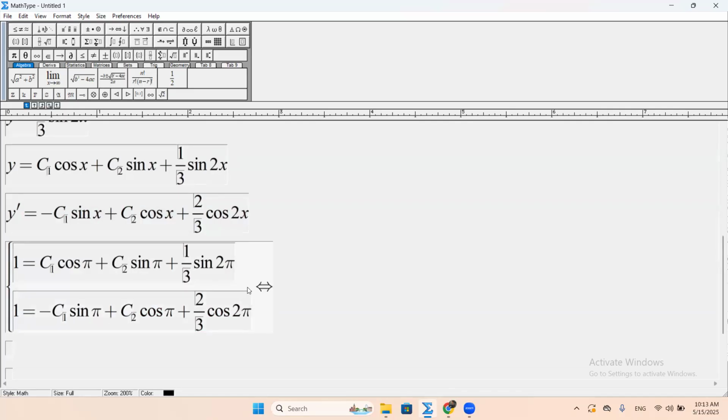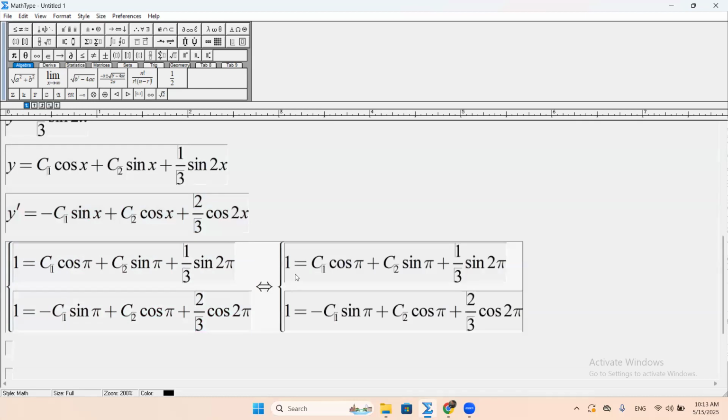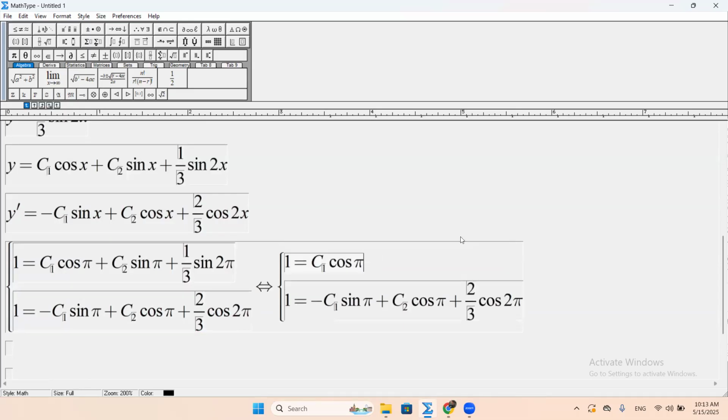And yeah, let us simplify a little bit. So it will be equal to 0 and cosine of p equals minus 1. So it will be eliminated. And here minus c2. And here cosine of 2p equals 1.